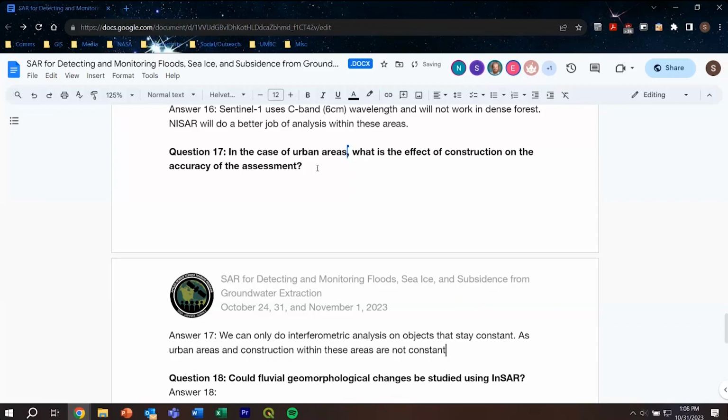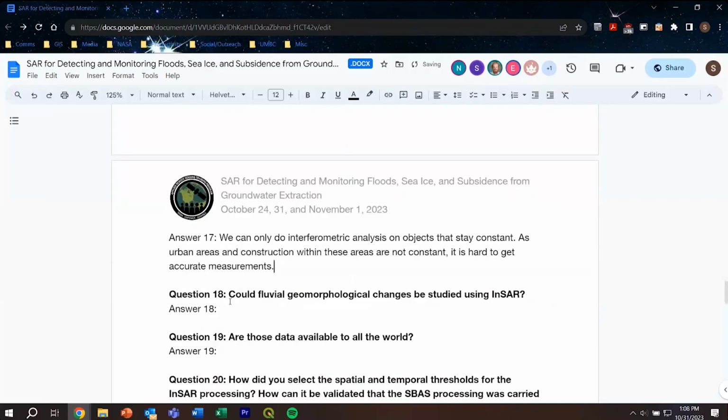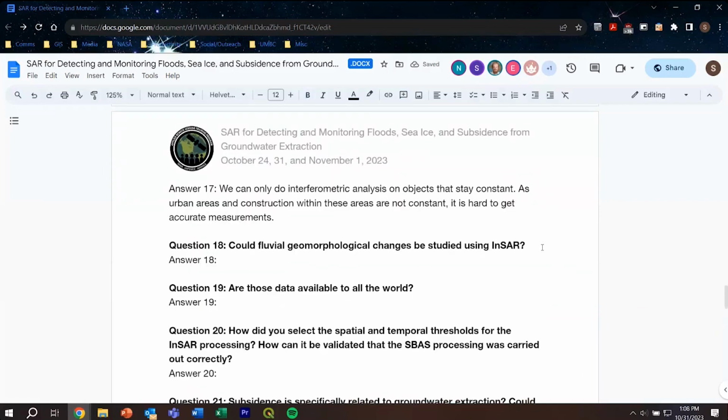Okay, question 18. Could fluvial geomorphological changes be studied using InSAR? Fluvial geomorphological changes would generally include erosion or deposition, and those are also effects that are going to change the surface, and therefore we can only see that something has changed.